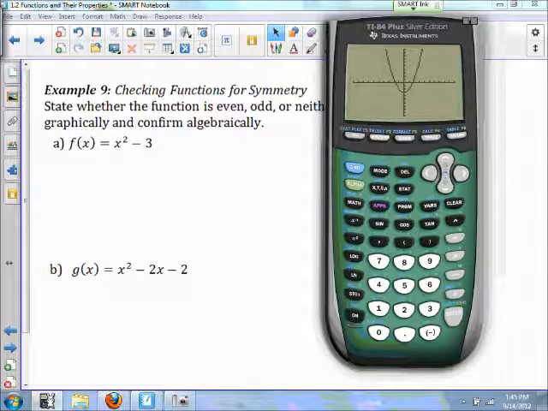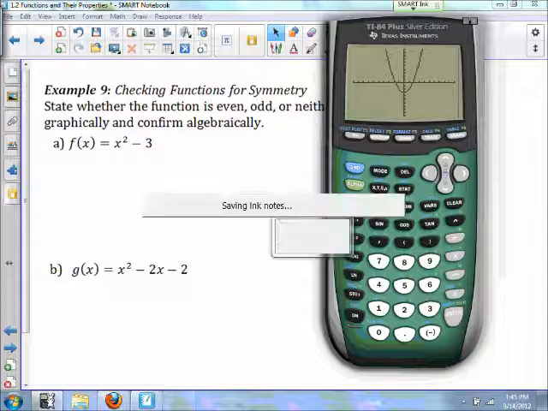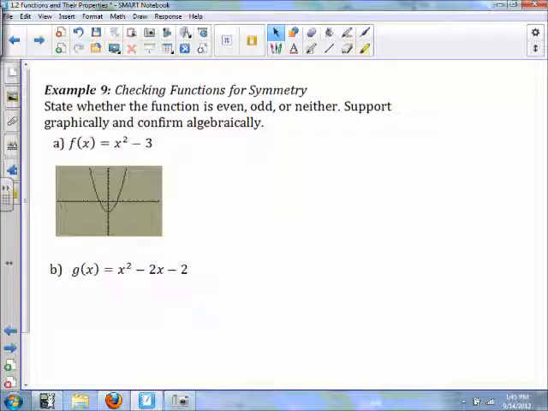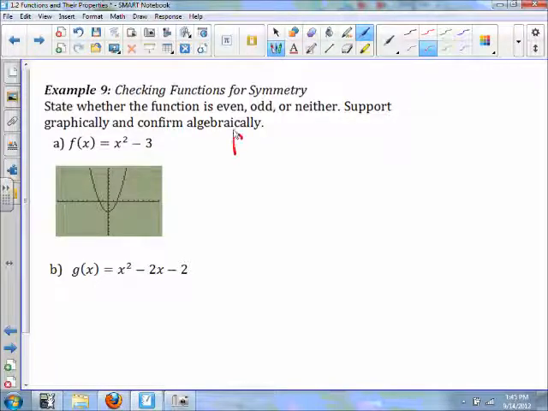So here's our graph. You can see here that it does look like an even function. The way we decide, we're going to put -x in for all of our x's.